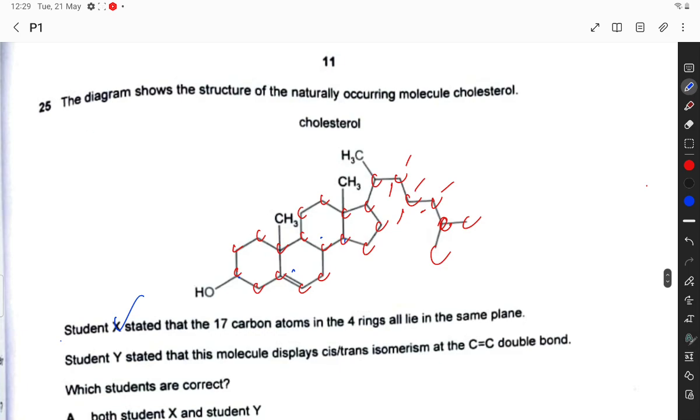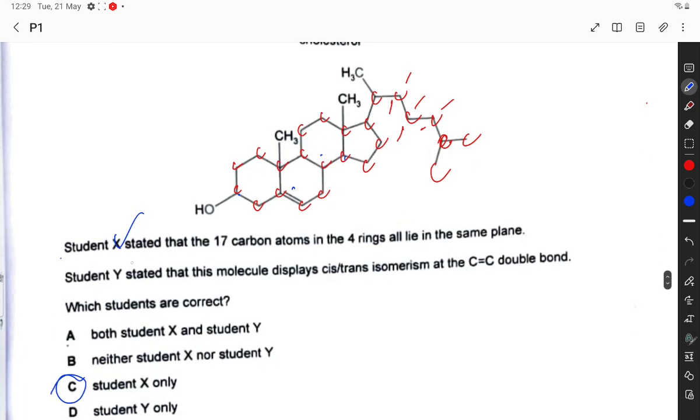Question number 25. The diagram shows the structure of the naturally occurring molecule cholesterol. This is the cholesterol structure. Student X stated that the 17 carbon atoms in the 4 rings all lie in the same plane.